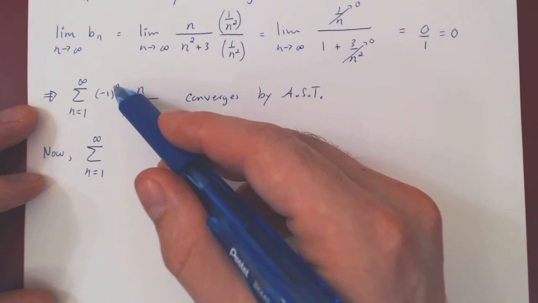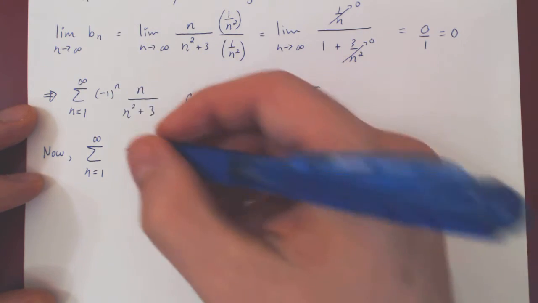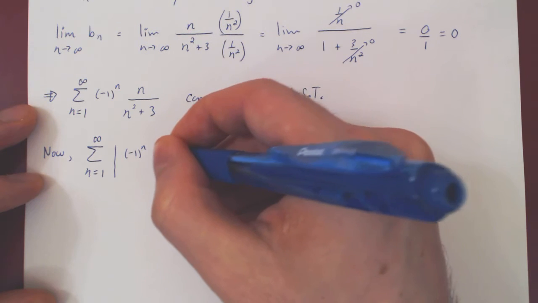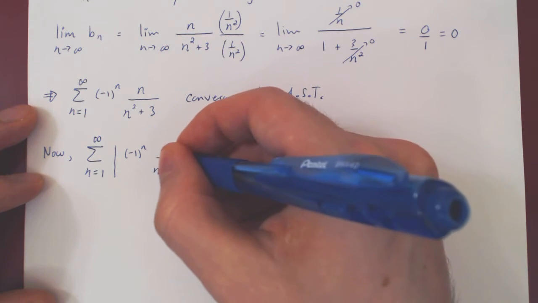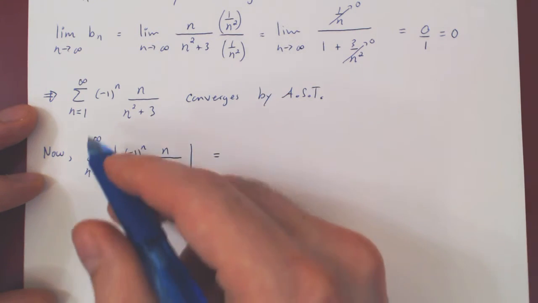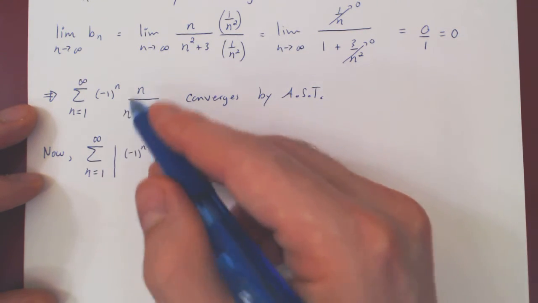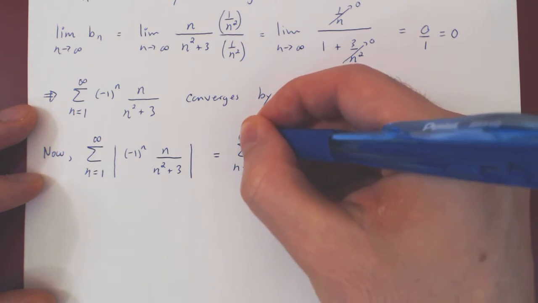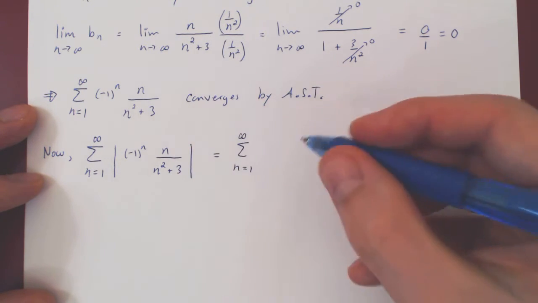This is plus or minus 1. In absolute value, this is 1. So we'll have a very nice simplification. The series of the terms in absolute value will end up being simply n over n squared plus 3.